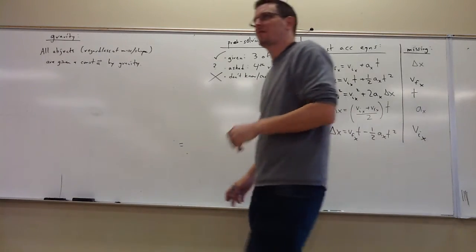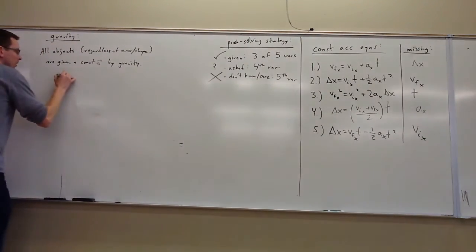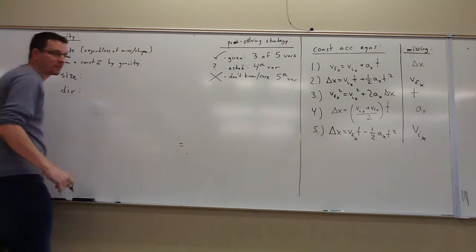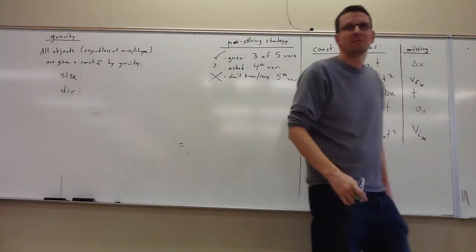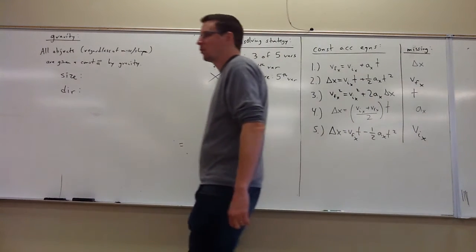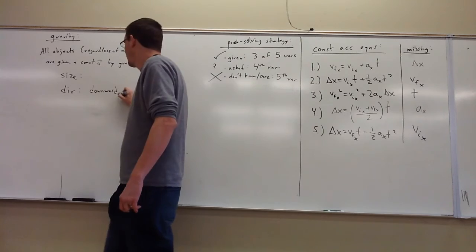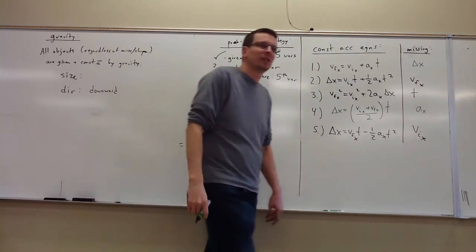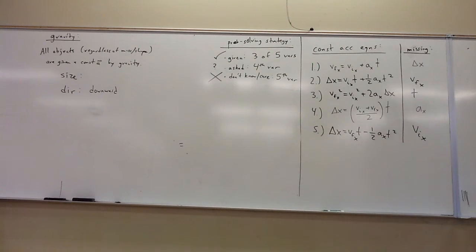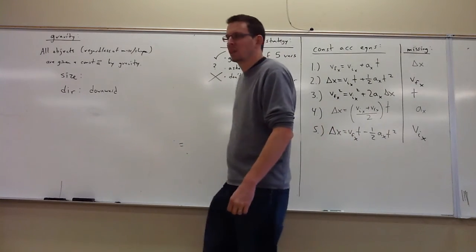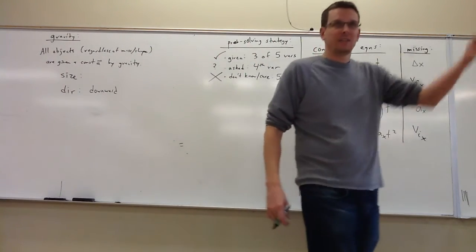What are the properties of that? Well, it's an acceleration, it's a vector, so it has both a size and a direction. To most generically talk about the direction, I'm going to say it's downward, because downward is something we understand in the real world. Downward could be notated as negative.